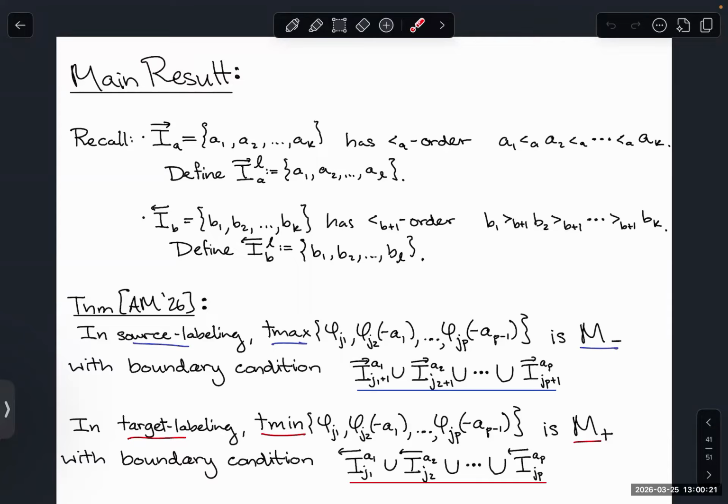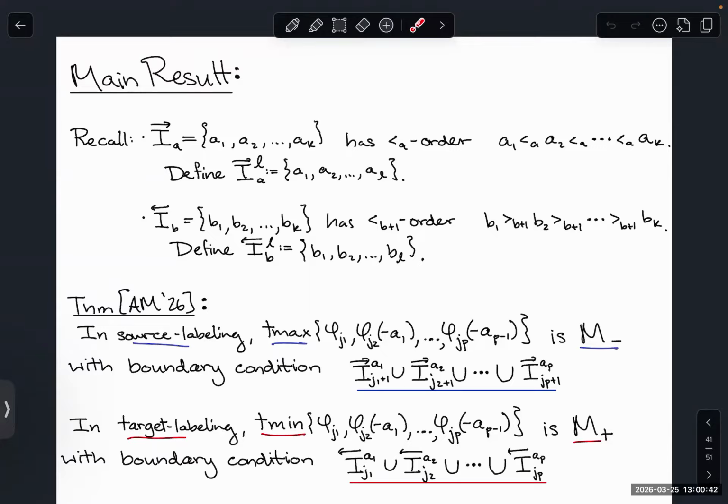And the same for the B reverse Grassmann necklace: we can order these with respect to the B plus 1 order from greatest to least, and we can truncate in a similar way where we take the L greatest entries of the Bth Grassmann necklace with respect to the B plus 1 order.